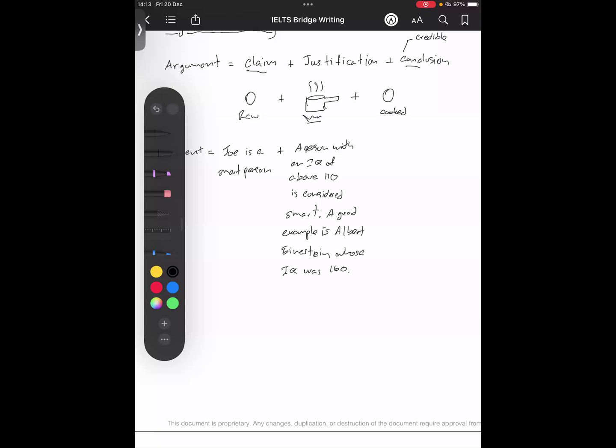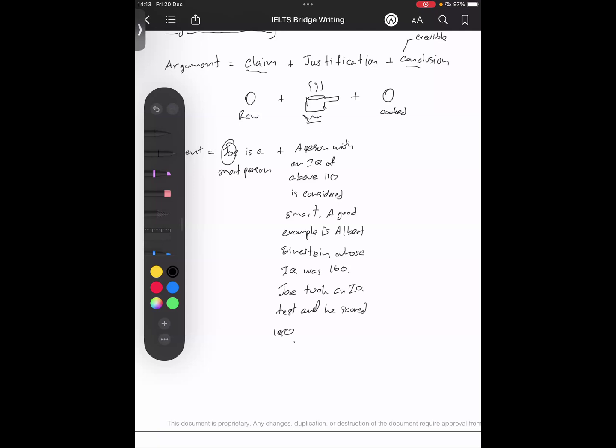Okay, so this is something that most people already believe. The next thing I have to do is I have to relate Joe, who is the subject of my claim, to this theory, right? So what I have to say is Joe took an IQ test and he scored 150.